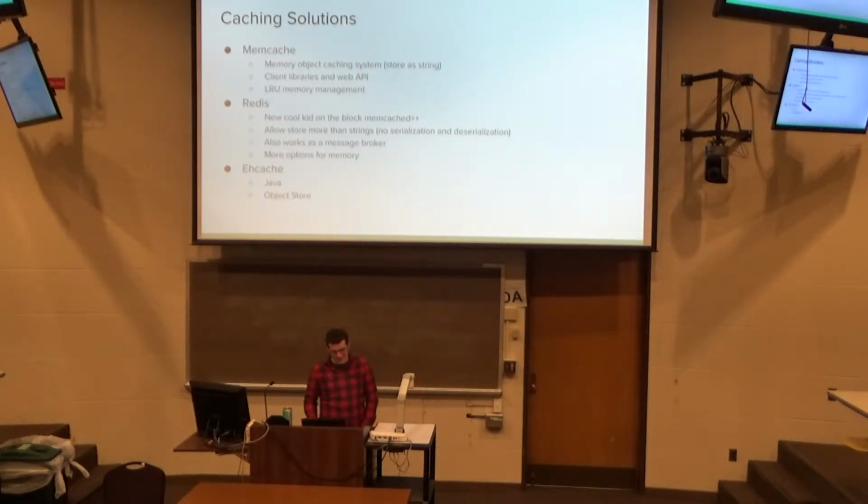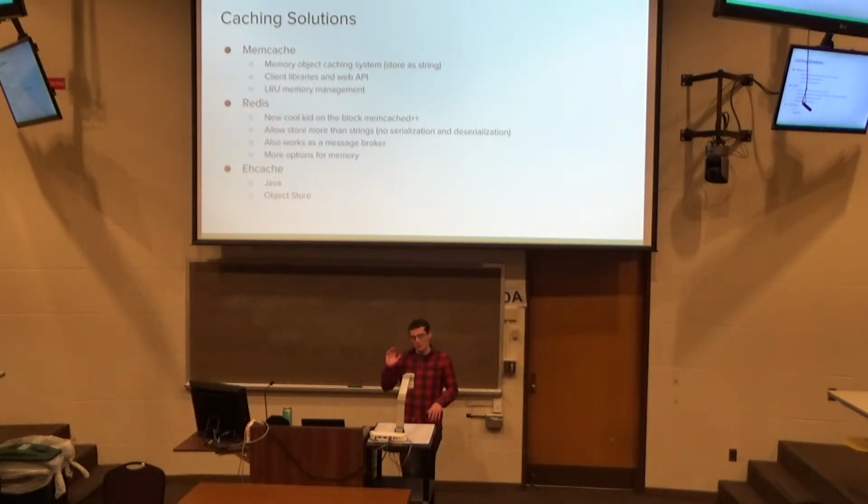So usually queue out. So solutions for caching. Memcache is a big one, classic. It's a simple key value store where you store a key and then you store a string, which is usually just a serialized version of your object. If you're in Java, you serialize, or if you're in Python, you pickle your object and put it into your key value store, and then you unpickle it to pull it out.